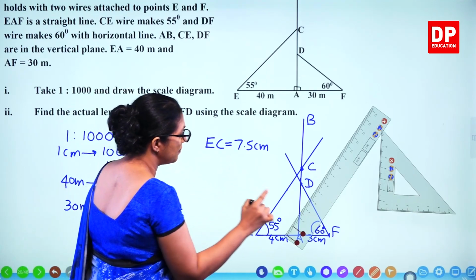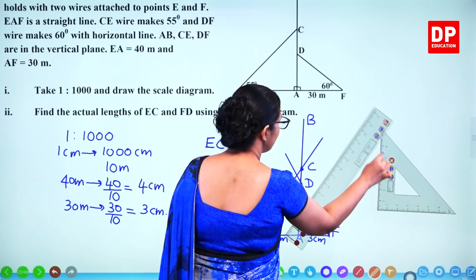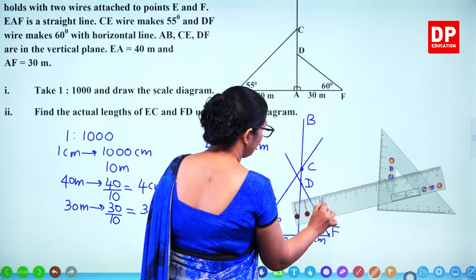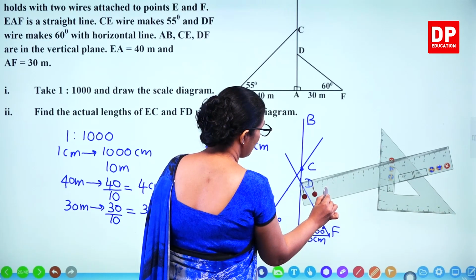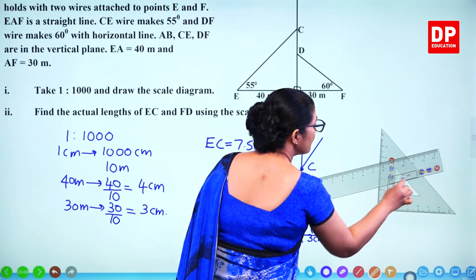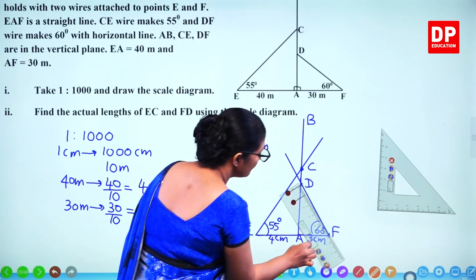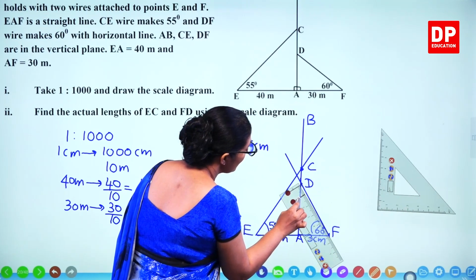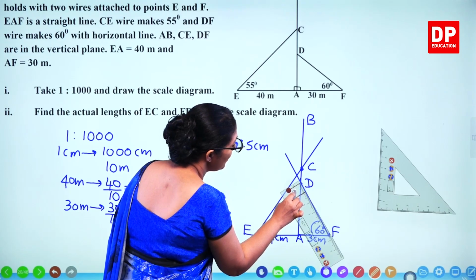Then FD. FD from here. So we'll measure from here.